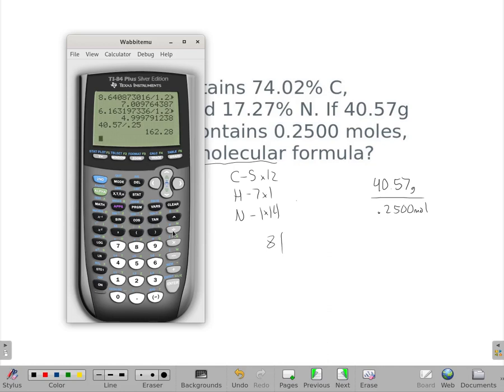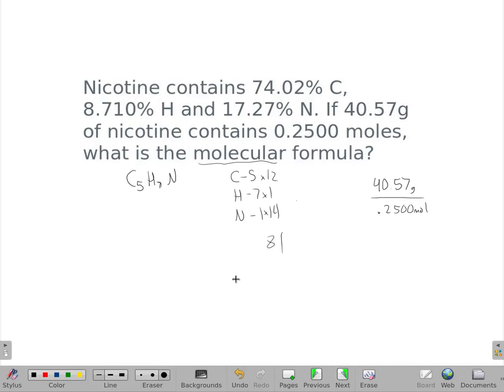And if I take that 81 I just found, I see that that's half of it. So this empirical formula is half the molecular formula. So the molecular formula must be C10H14N2. So follow that up with, figure out the mass of the empirical formula and compare that to the molecular mass. If they're the same, the empirical formula is the molecular formula.